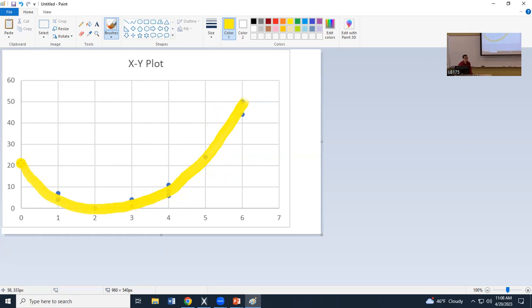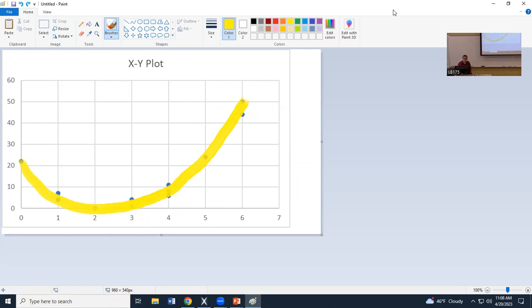If I would have extended this pattern, it probably would have went off to who knows where. So it's okay that we're going down and up because we're just tracking one section of the parabola there. Everybody get that? So we're tracking a part of the parabola, not the entire thing.